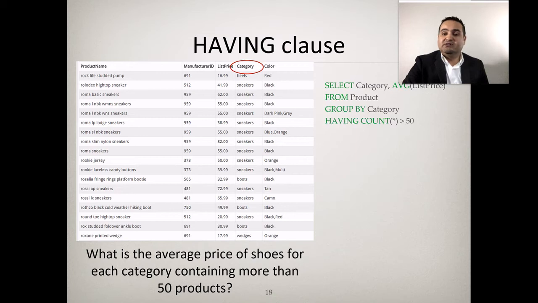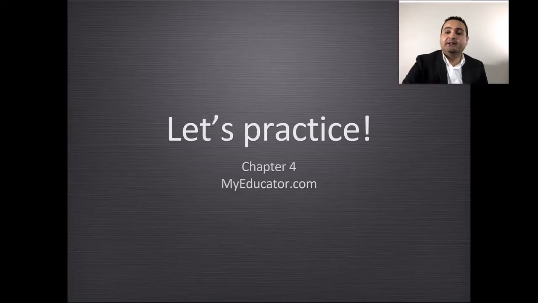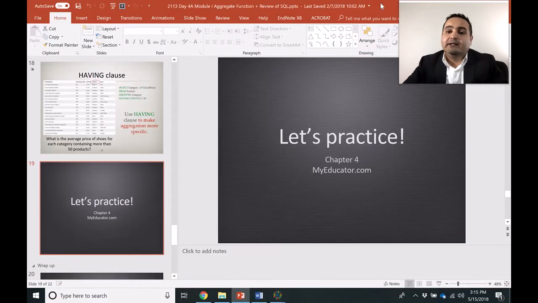And so this will give me my output. So having is important to use when we want to make aggregation more specific or narrow it down or pinpoint. So now let's practice. So we will go to chapter 4 in My Educator, and we will work on that.